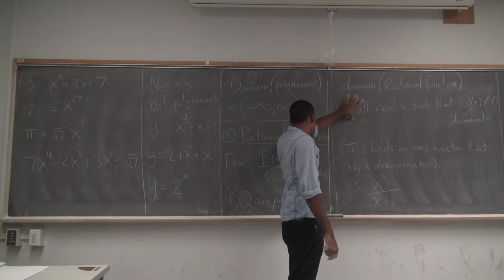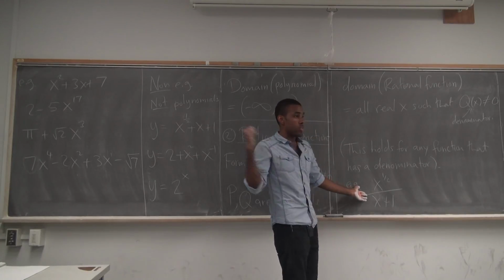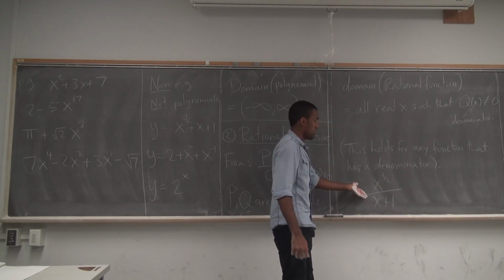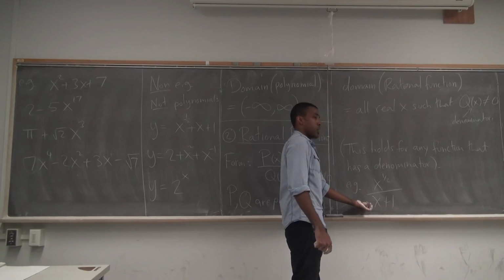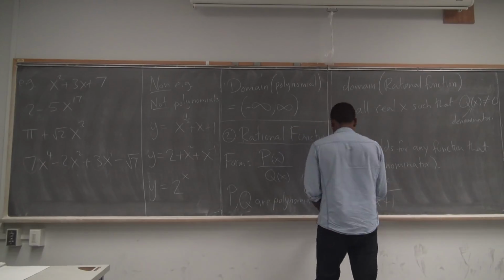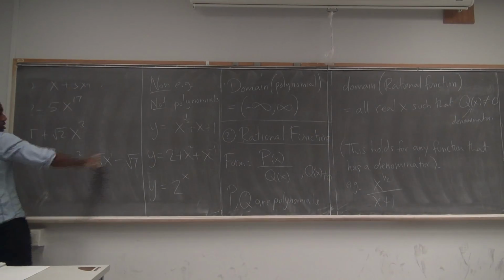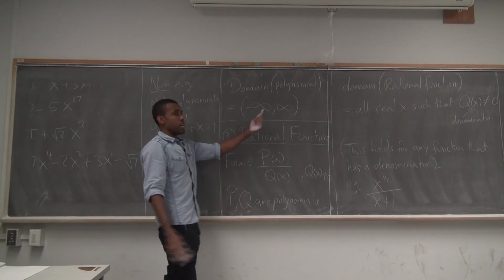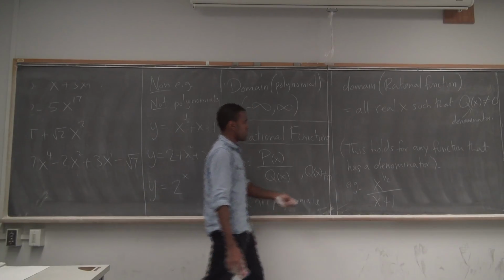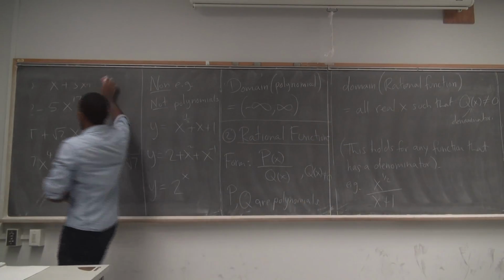It will work even if, technically speaking, you don't have a rational function. For example, this, according to our definition, is not a rational function because x to the half is not a polynomial. However, that denominator still cannot be zero. You can never divide by zero no matter what. So if you have a polynomial and I don't give you a restriction, the domain is everything. If you have a rational function and I don't give you a restriction, the domain will be any x that makes the denominator non-zero.